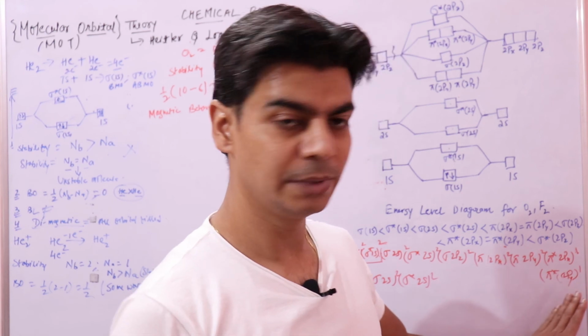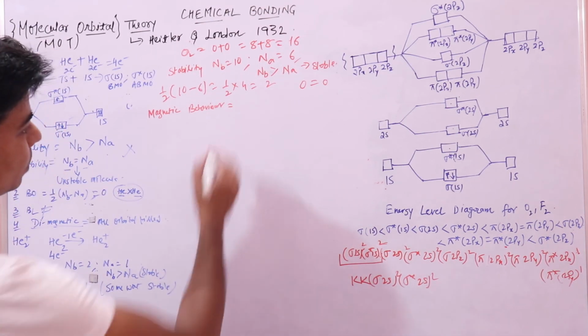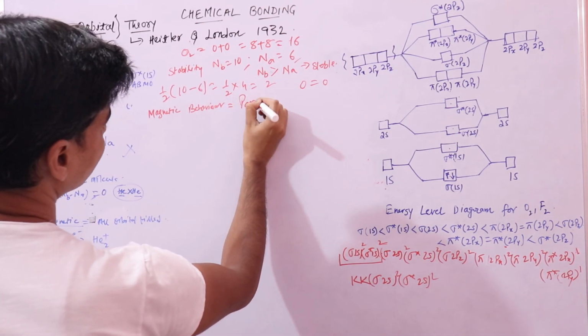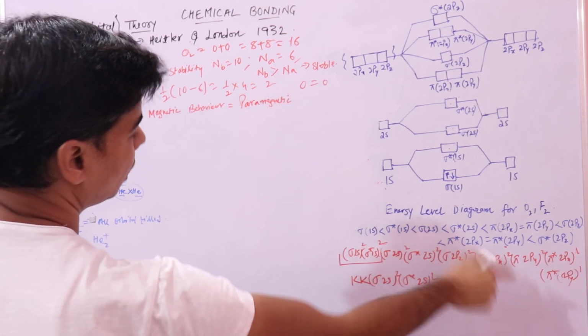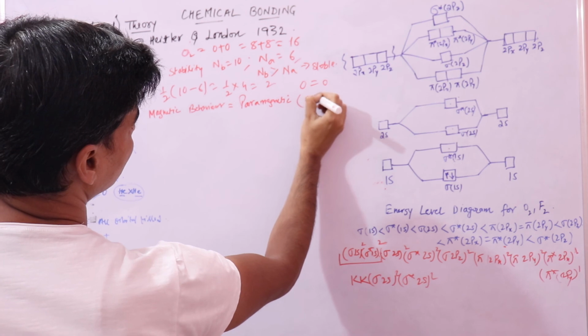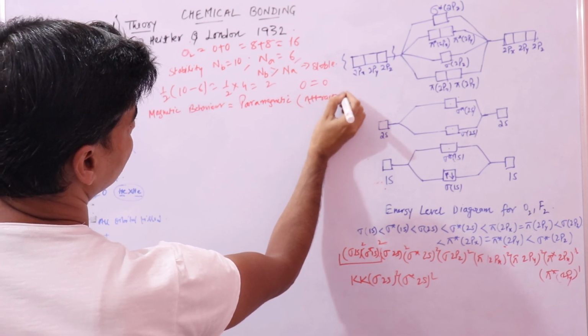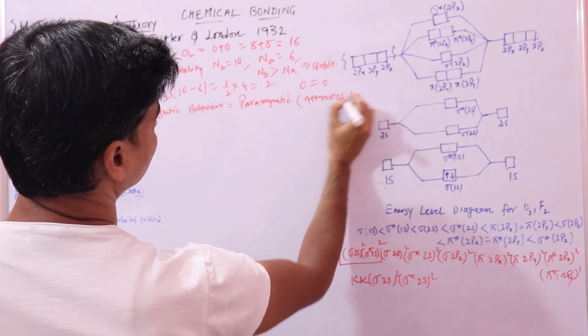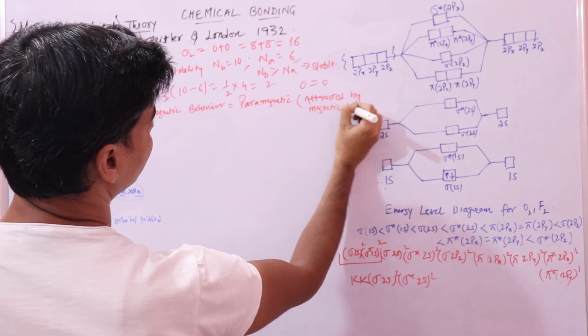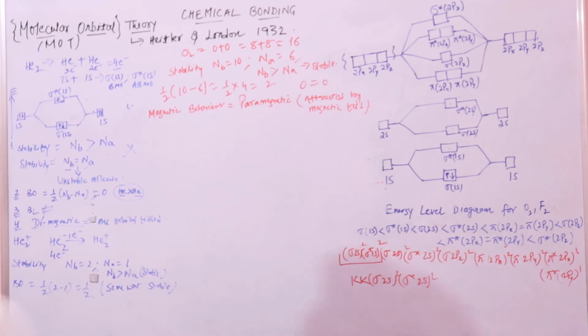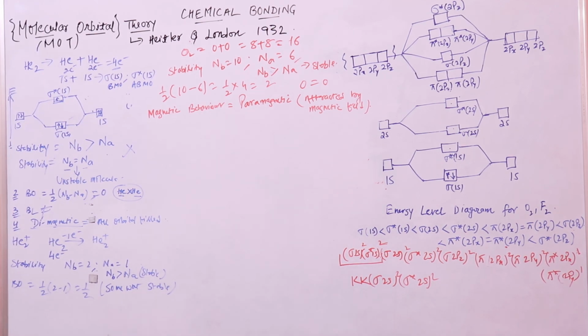Half filled orbitals mean it has magnetic properties, it is paramagnetic. Why paramagnetic? Because you have two half filled orbitals and it would be attracted by the magnetic field.